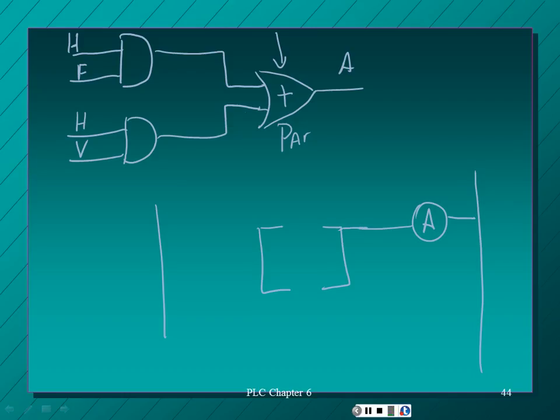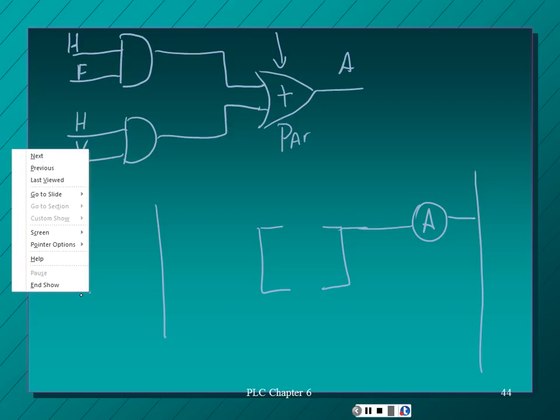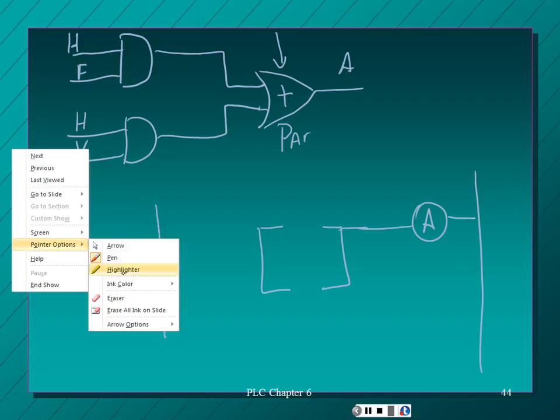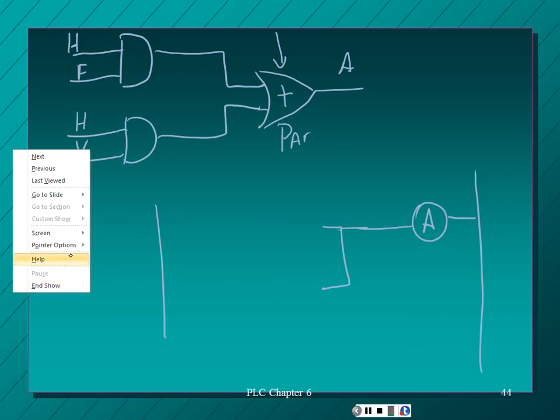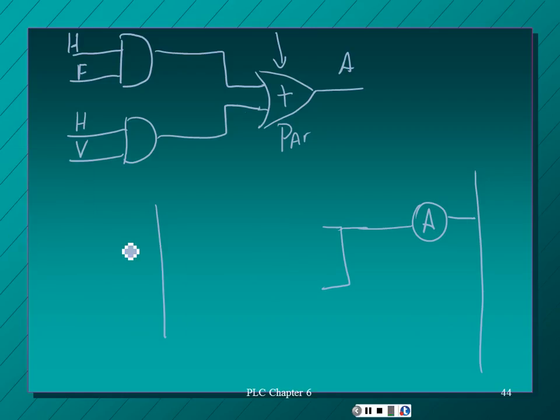Now I may have to erase this because I guess I shouldn't have drawn the front part. I didn't leave myself enough room. But I have two parallels now. All right, so what does each one of these parallel legs go to?